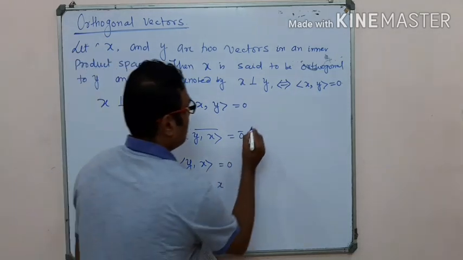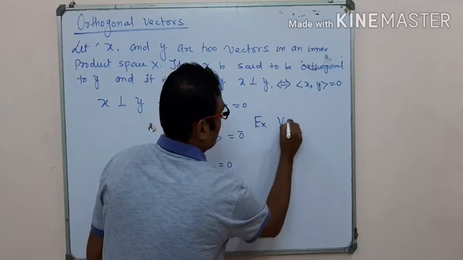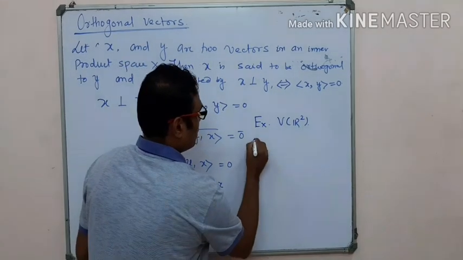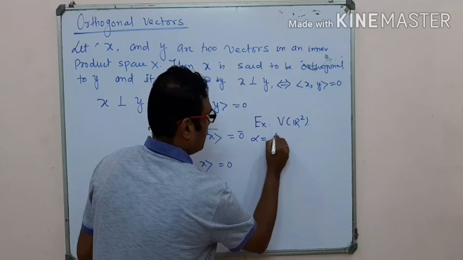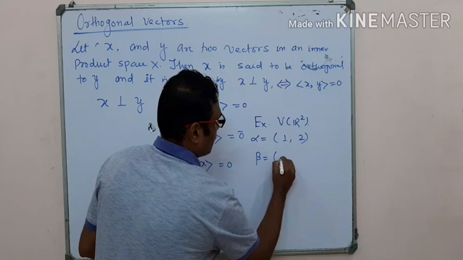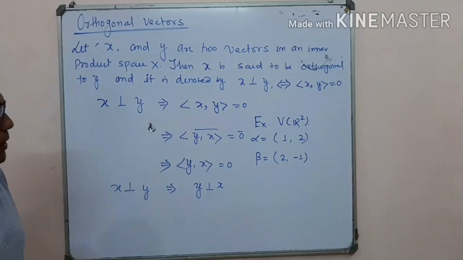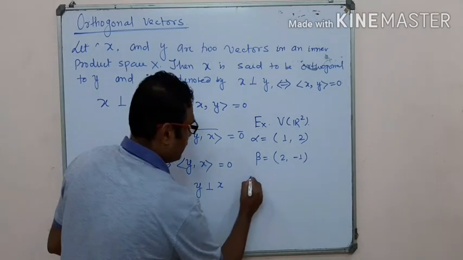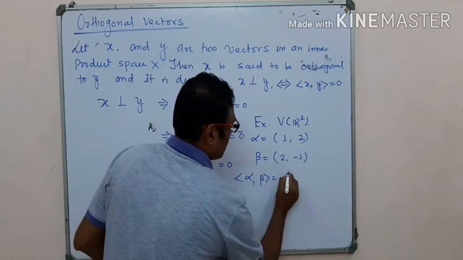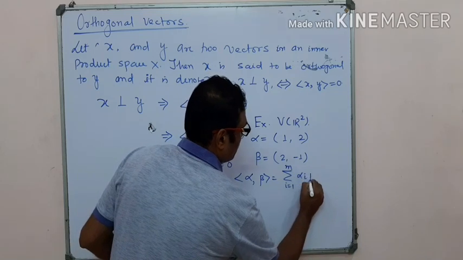Now we take an example. Suppose we have the inner product in R square, Euclidean space. Alpha is supposed to be (1, 2) and beta is supposed to be (2, minus 1). We already know that the inner product in Euclidean space is defined as the summation for i equal to 1 up to n of alpha i into beta i.